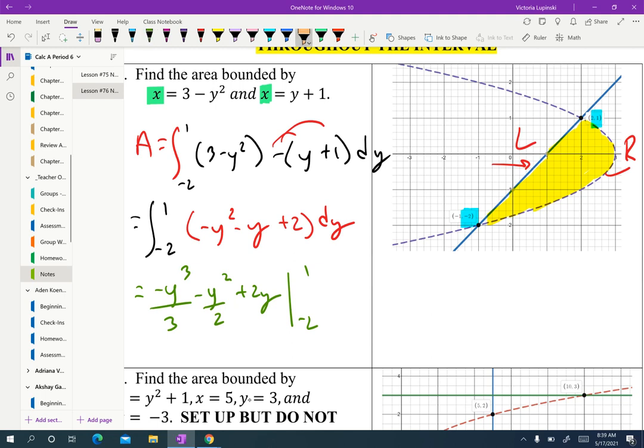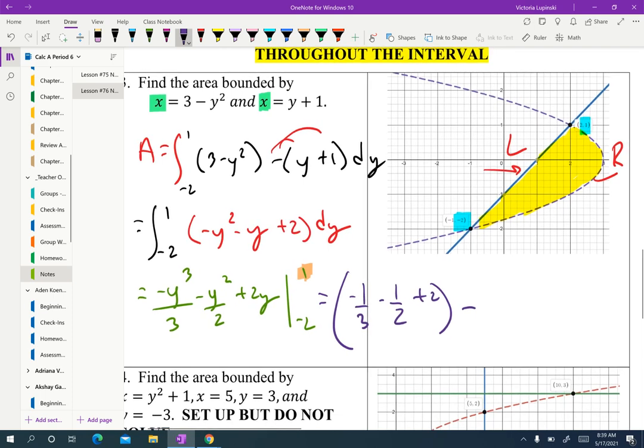Remember your fundamental theorem of calculus. You're going to start by plugging the 1 into each of those values. So if I plug a 1 in, I'm going to get negative 1/3 minus a half plus 2. Remember, fundamental theorem of calculus is always a subtraction. So now I'm going to plug this negative 2 in, and you just want to be extra careful.